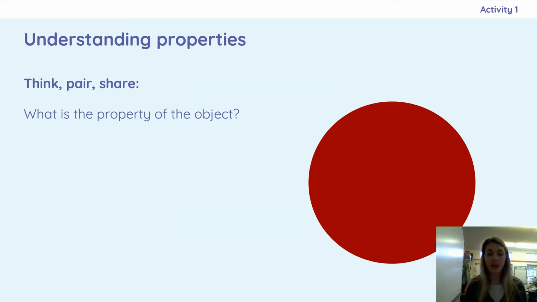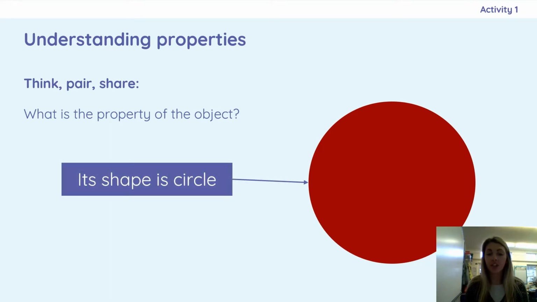We've said a property could be colour, and we could say about the shape. That would be a different type of property, talking about what shape the object is. So this shape is a circle. That's two types of properties we've discussed, colour and shape.